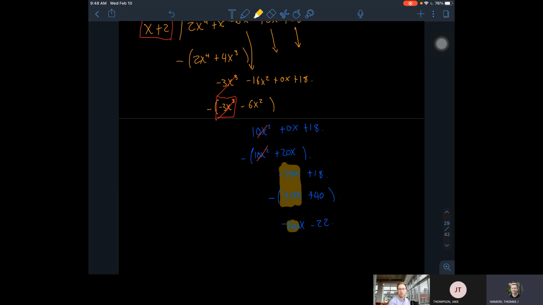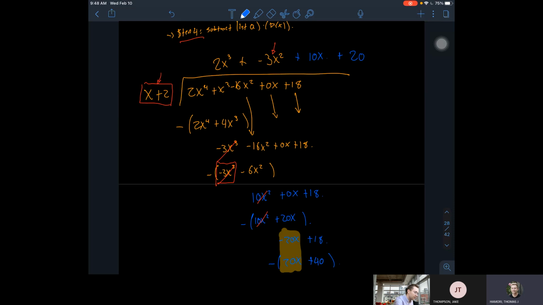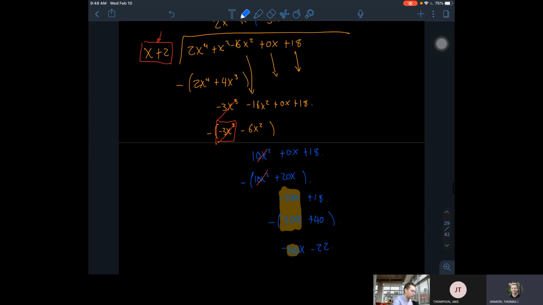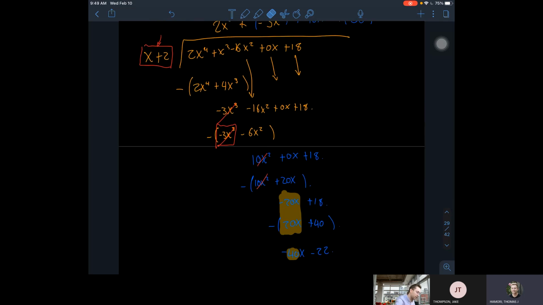Should we have done something else instead? That's right, negative 20. It should have been a negative 20. If I do negative 20, then I'm going to subtract, only this inside stuff is, instead of being negative 20x plus 40, it'll be negative 20x minus 40.